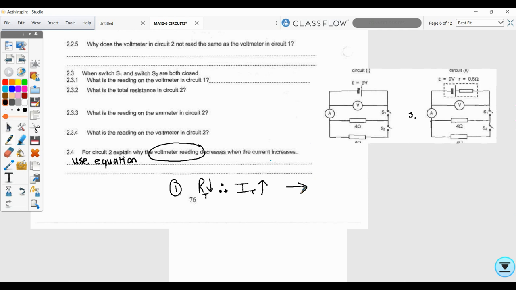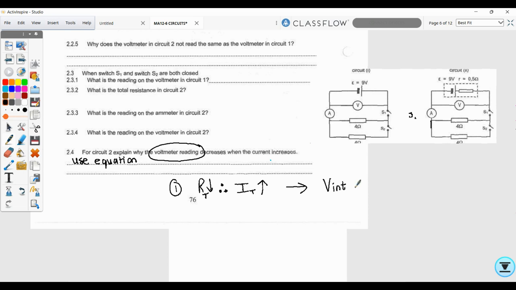Then you go and say, okay, the voltmeter reading would be the same as the EMF if there was no internal resistance. So the only reason why it's not the same as the EMF is because of the internal resistance. So our next step is to see, okay, what happens to V internal? In the old notes they call it V lost, but rather call it V internal.